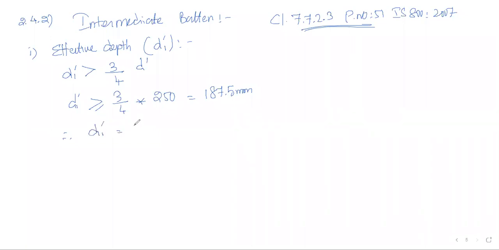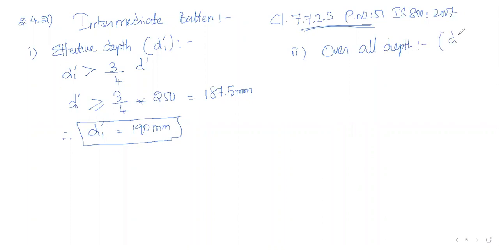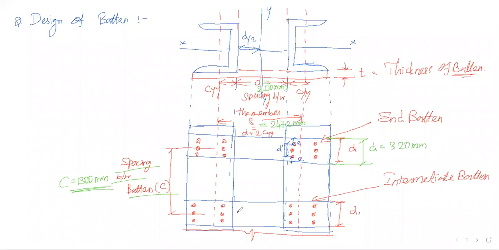So 190 mm is my requirement or provided. Next, I have to go for overall depth D1 of the intermediate batten. I am going to consider that the column is continued here, then this will be the intermediate batten. So this is my D1 value, nothing but D1 dash plus 2 times the edge distance.